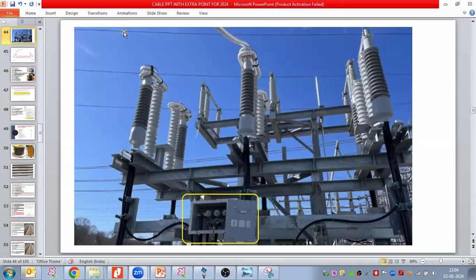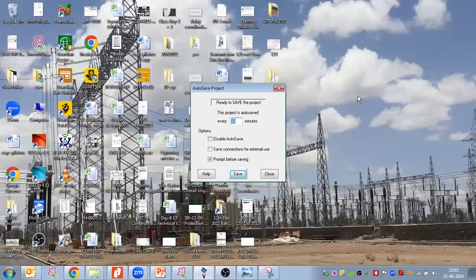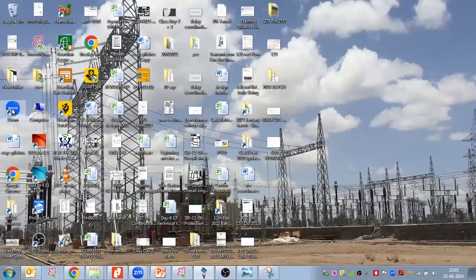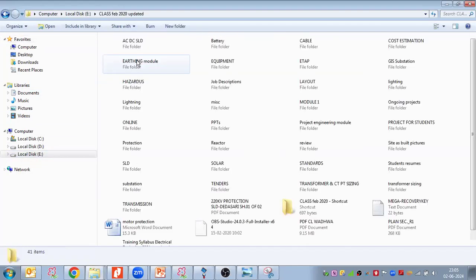And there is one standard, IEEE 575, which is one dedicated standard for the cable.